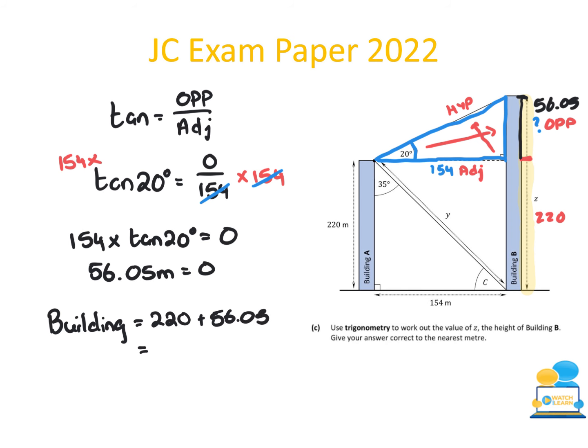And adding both of those numbers together, we get 276.05 metres. Again, the question asked me to round to the nearest metre, so looking at 276, the 0 after the decimal point, I'll keep that as 276 metres. So my final answer for the height of building B is 276.